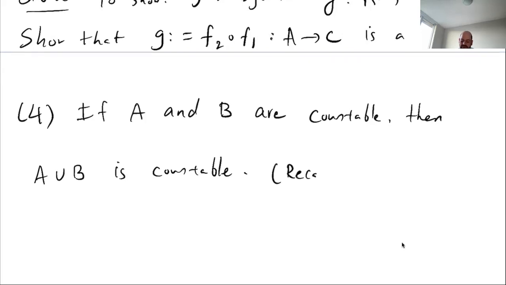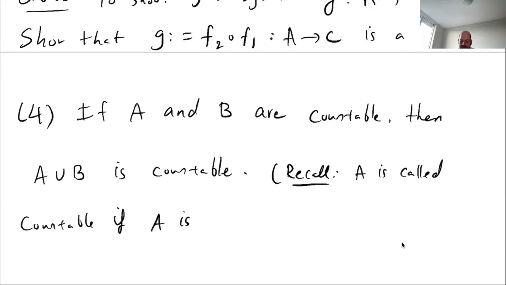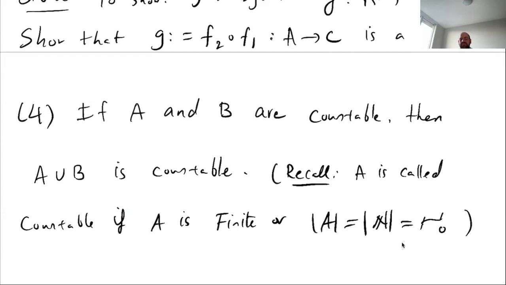So recall, A is called countable if A is finite or cardinality A equals cardinality of natural numbers, which we called Aleph naught. Countable set means a set which is either finite or it has a cardinality of natural numbers.